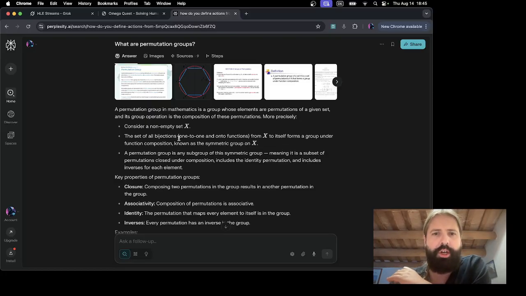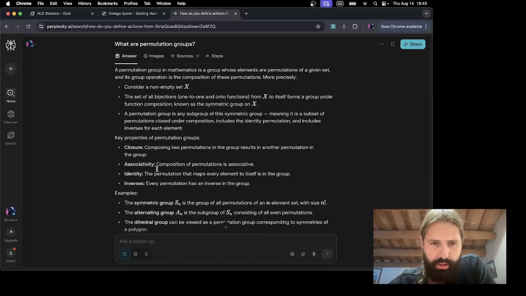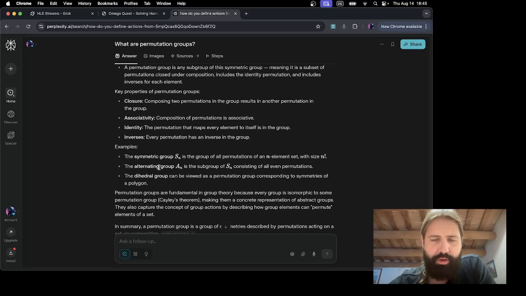More precisely, consider a non-empty set X. The set of all bijections, one-to-one and onto functions, from X to itself forms a group under function composition, known as the symmetric group on X. A permutation group is any subgroup of the symmetric group. For example, the symmetric group Sn is the group of all permutations of an n-element set.